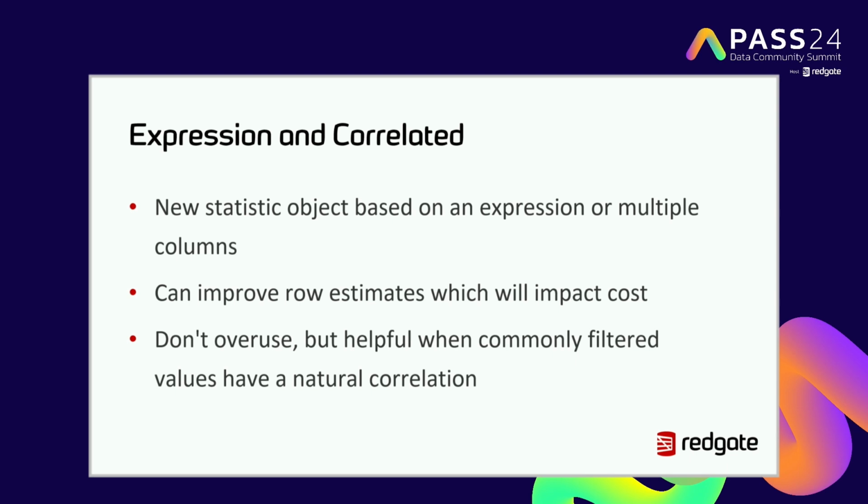Every time I query this ID, I'm always going to get 10 values, right, for that time. If you know there's that correlation, you can now create an extended statistic that will actually understand the correlation. So now it can make a better estimate on how many rows are going to come out when you filter on those two things. Kind of cool, right?